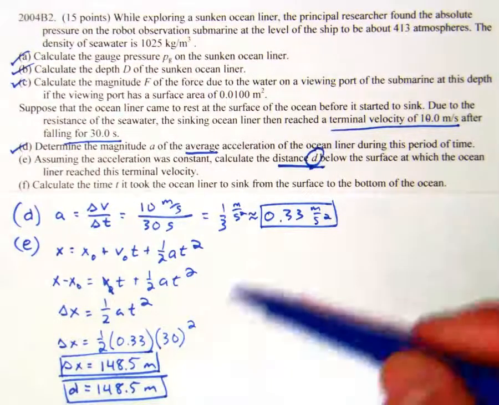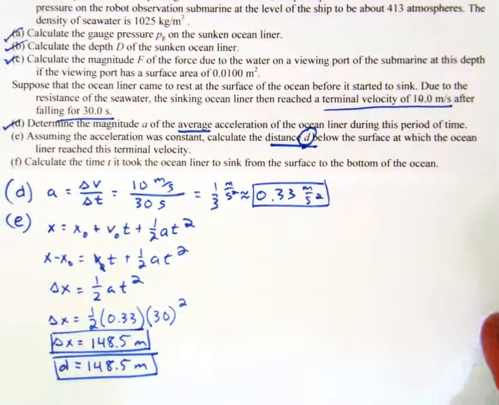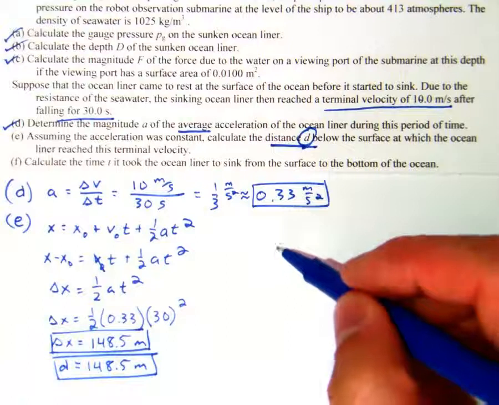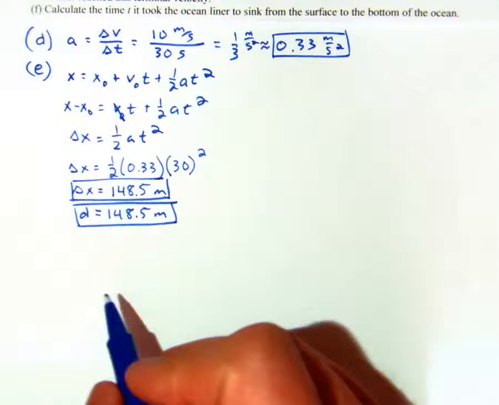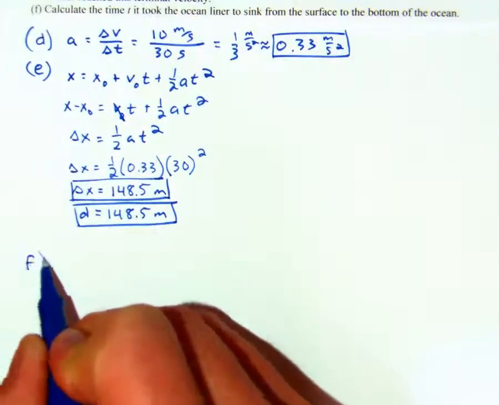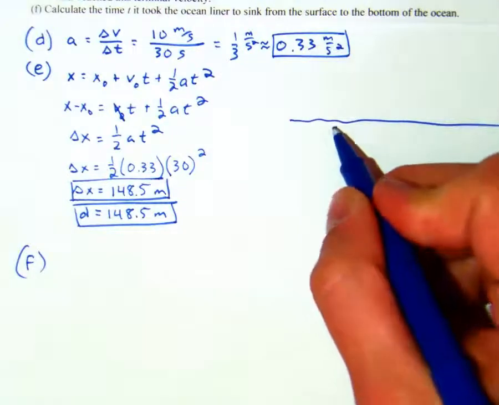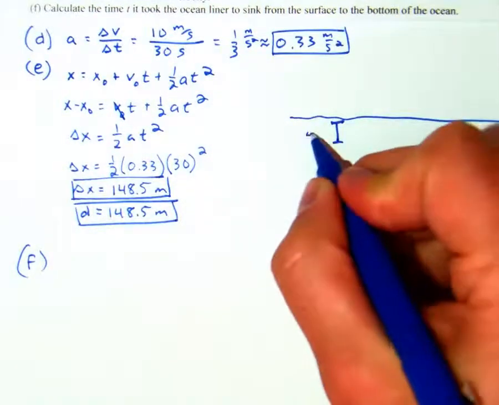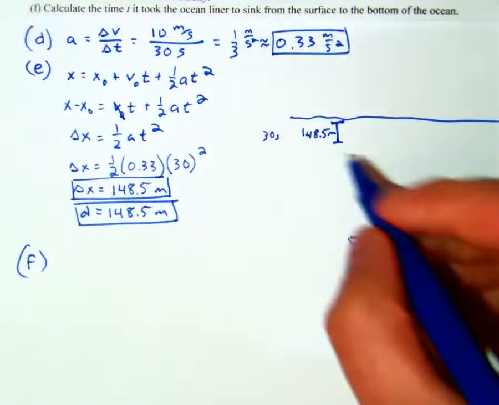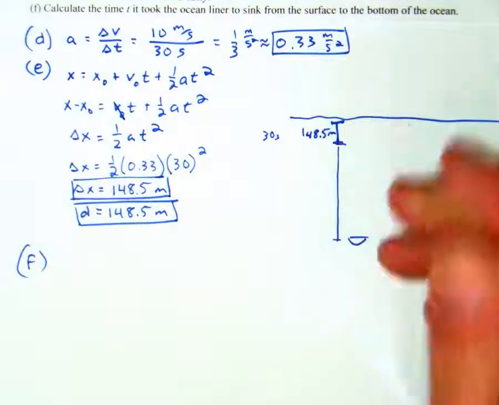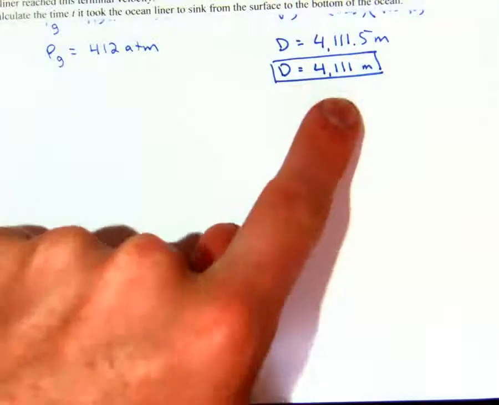Last but not least, calculate the time it took the ocean liner to sink from the surface to the bottom of the ocean. So this one's not too bad. Remember, you've got some distance below the surface. Let's go ahead for part F. You know that this ocean liner sunk below the surface. It took 30 seconds to go 148.5 meters. So there's 30 seconds. And then there's going to be the rest of the distance, where the depth that we calculated before was 4,111 meters.